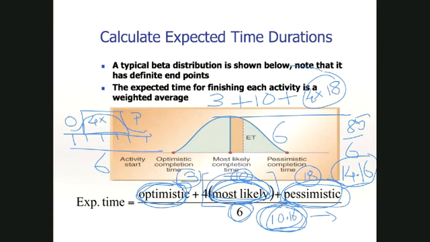Now, when you hit an activity that you aren't very sure of, you don't want to follow this setup, because this assumes that you'll work on the average.